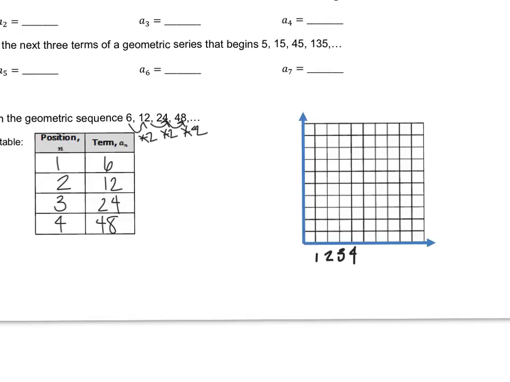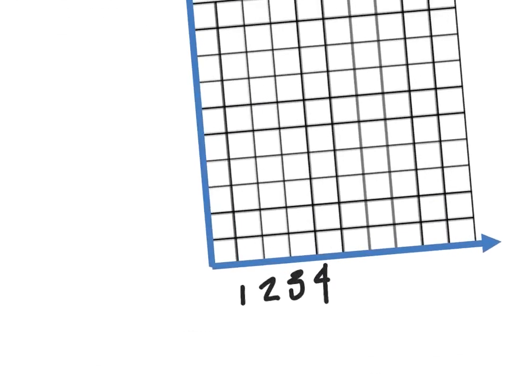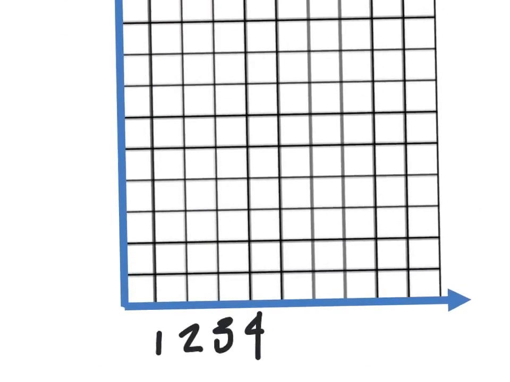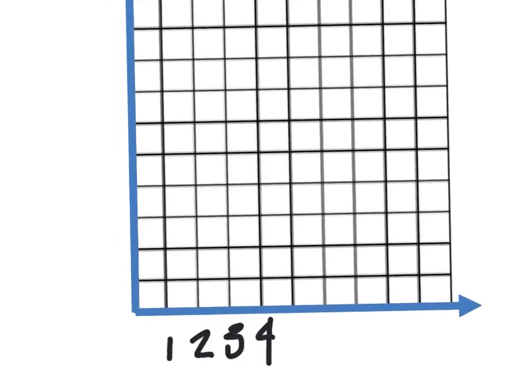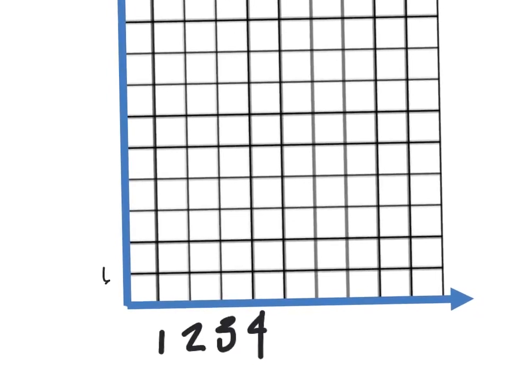Because I can make my scale whatever I want, and all of these numbers are divisible by 6, so that would be the easiest. So this would be 6, 12, 18, 24, 30, 36, 42, and I'm going to stop at 48 because that's where our table stops.